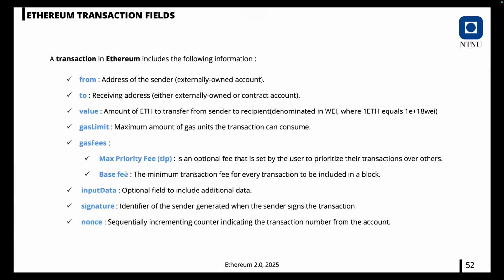On top of that, you can have an additional incentive mechanism to favor you over somebody else, right? So you have a priority fee, like tipping, and you have the base fee. And then you have the input data, which goes into your methods, optional, because you may not be calling methods, you may be just transferring value. And then you sign it, and there is a nonce, right?